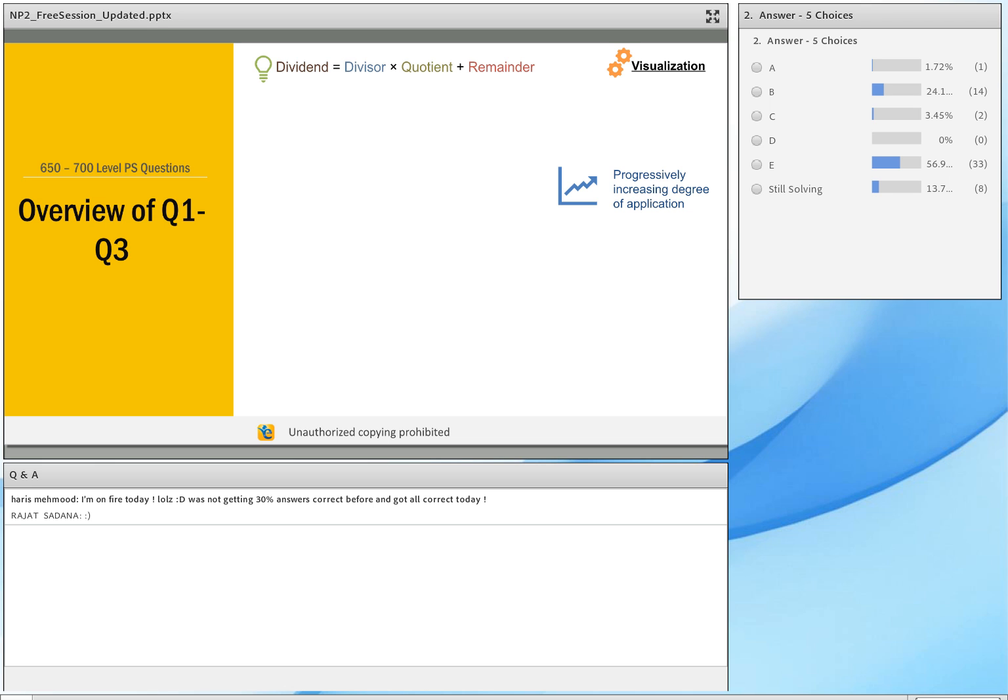We used the skill of visualization, and using that skill, we solved questions that were progressively difficult. In the first question, we were told that m by 30 is 8.2, and we wanted to figure out the remainder if m is divided by 15. We split 8.2 as 8 plus 0.2 and got the remainder as 6.